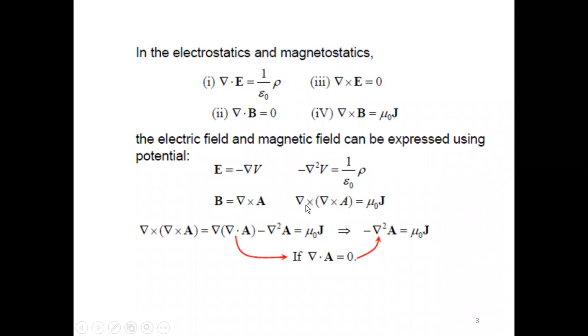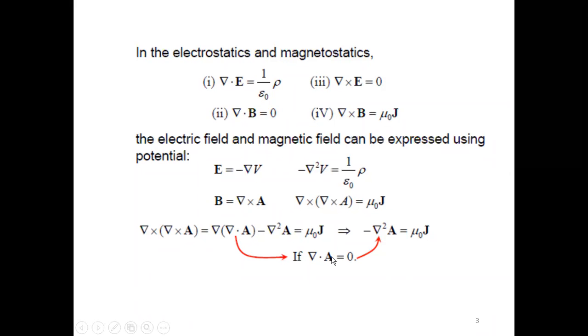Now apply the vector property: the curl of a curl of a vector is written as the gradient of the divergence of that vector minus the divergence of the gradient of that vector. The divergence of the gradient of that vector becomes del squared A. So this is the formula for curl curl A. Now suppose the divergence of A equals 0.